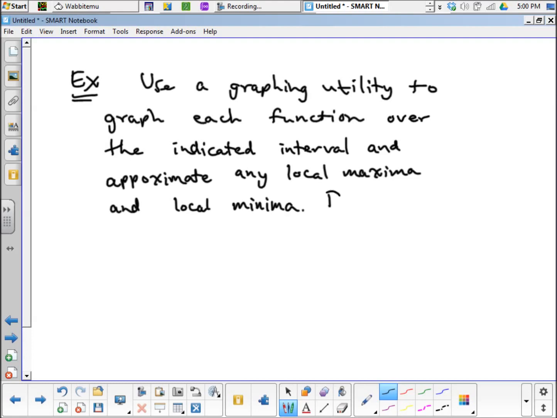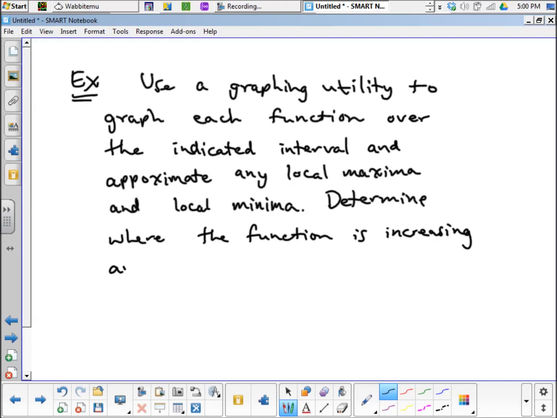Okay? Determine where the function is increasing and decreasing. Okay, so I'd like you to write that problem out because it's important that you have it in your notes.